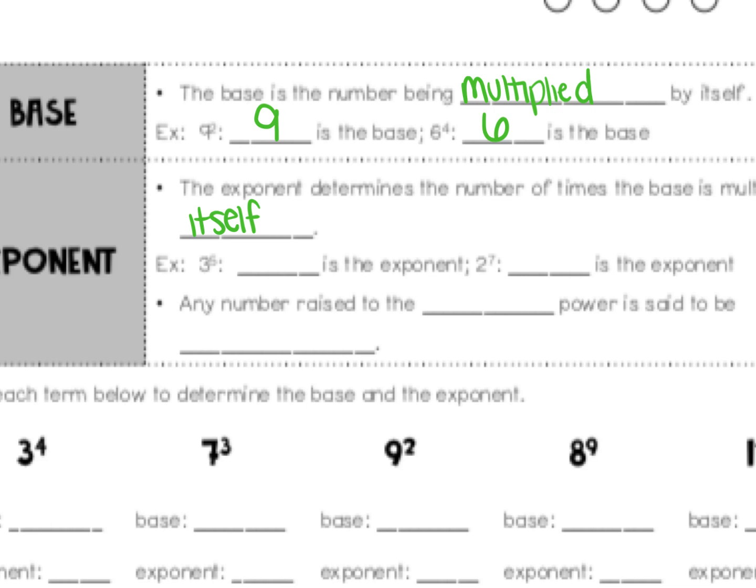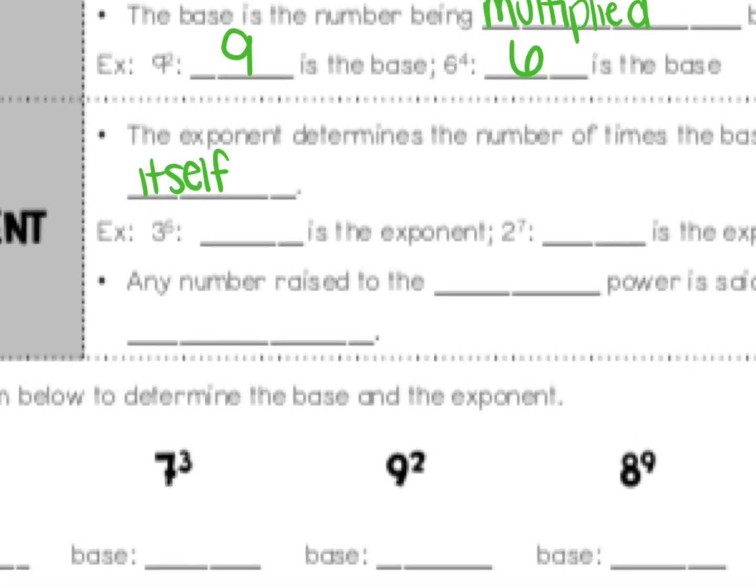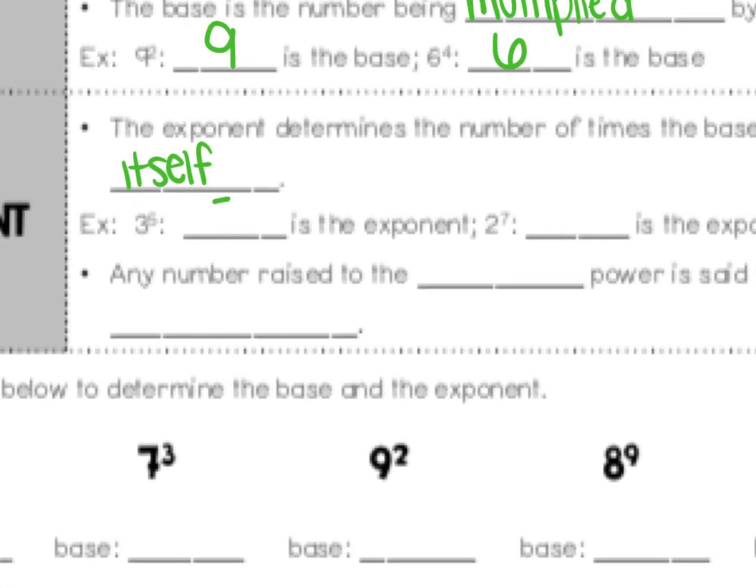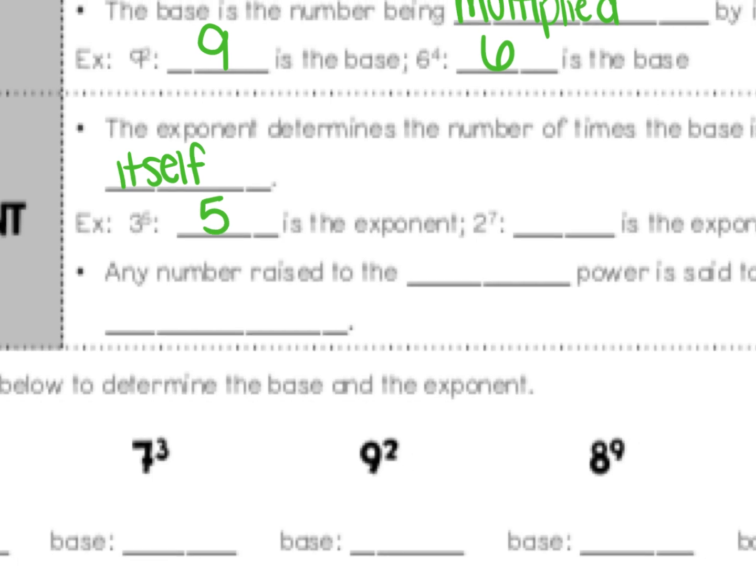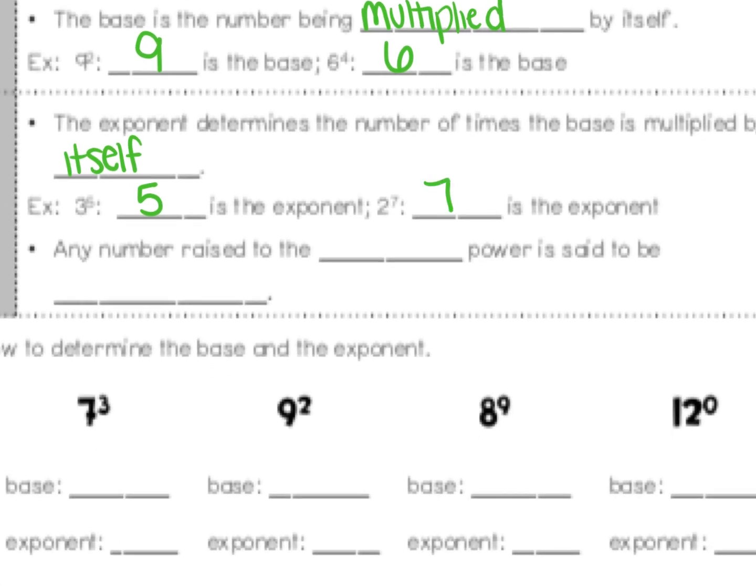3 to the 5th. What is the exponent there? 5. And in 2 to the 7th, what's the exponent? 7. All right. This next sentence we're going to fill in, but then we're going to also add to it. So it says any number raised to the, we're going to fill in 2nd power. So any number that is raised to the 2nd power is said to be, does anyone know the nickname for raising something to the 2nd power?